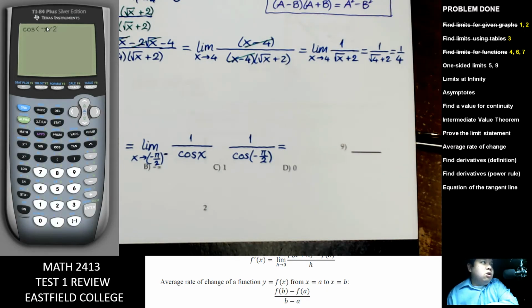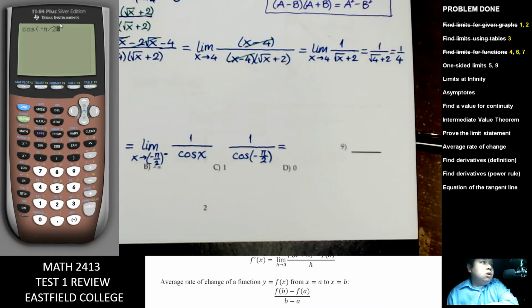Trying to change the color. That's easy to see. Yeah, I think that's better.